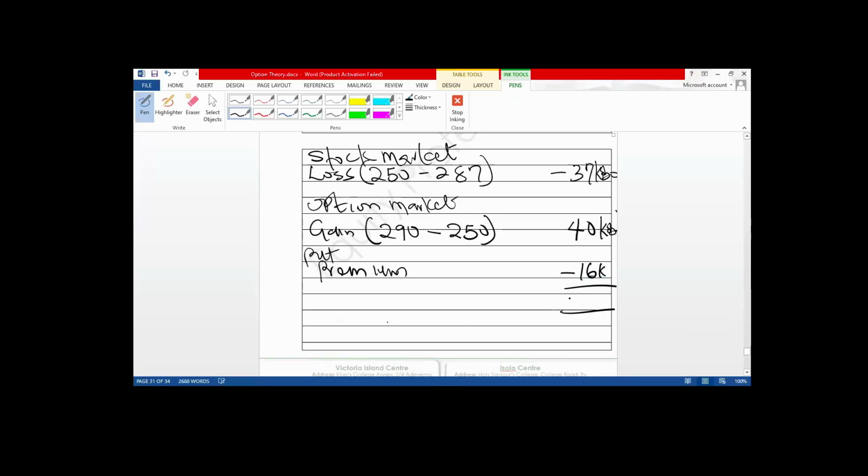Change in wealth: 13 kobo reduction. The wealth of Polar Engineering will reduce by 13 kobo per share if it buys a put option at an exercise price of 290.